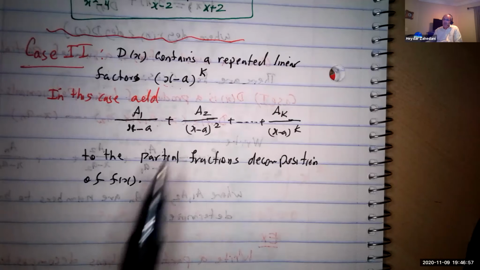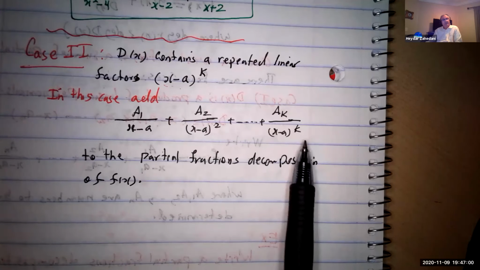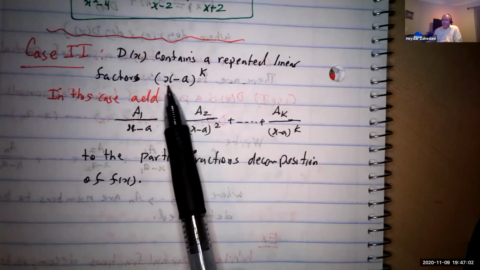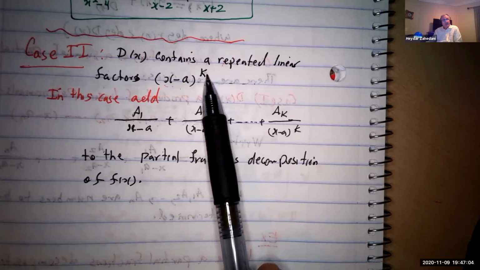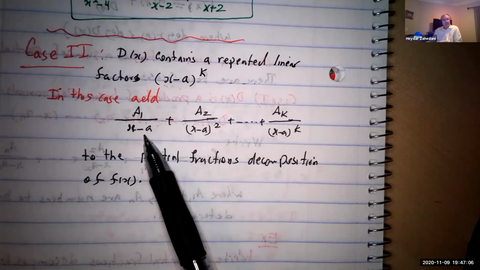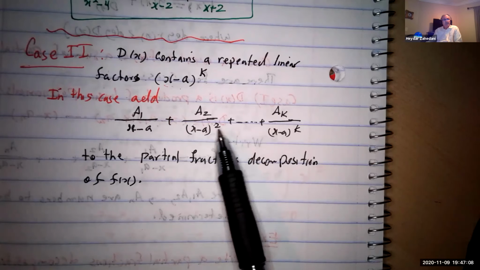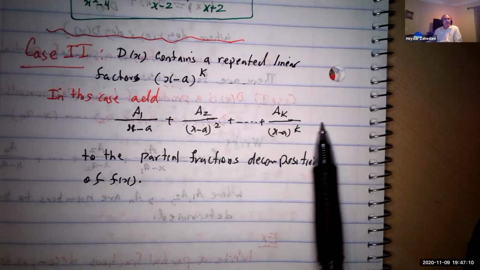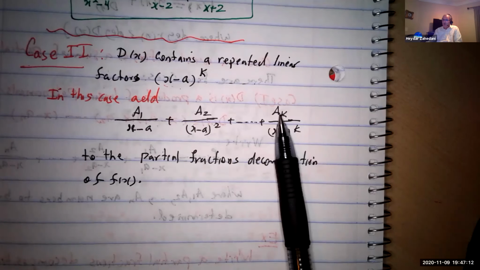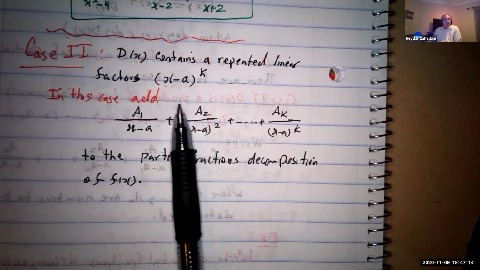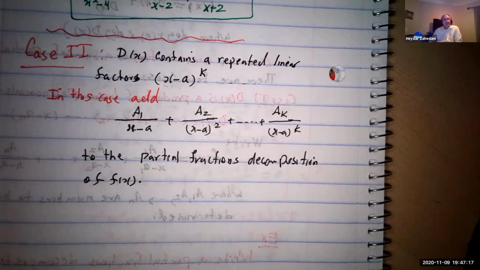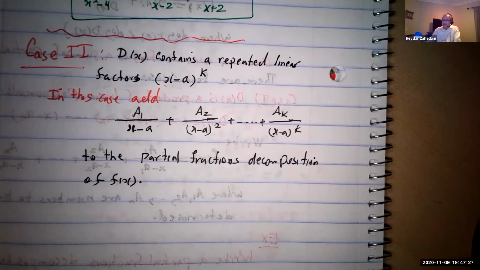But when we get to this repeated one, you have to repeat this. For example, if it's x minus a to the fifth, you write x minus a, squared, to the third, to the fourth, to the fifth. So you are going to add 5 more fractions to the original one. This is going to be your extra job. So let's try this one.